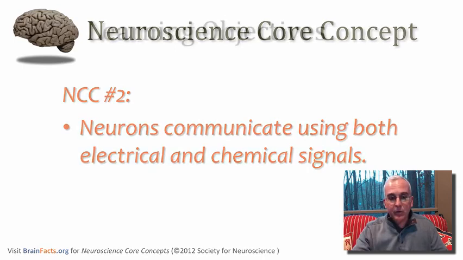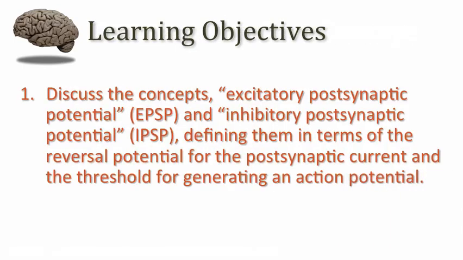Specifically, our learning objective today is to discuss the concepts of excitatory postsynaptic potentials and inhibitory postsynaptic potentials. And what I want you to be able to do is to define these terms in terms of the reversal potential for the postsynaptic current and the threshold for generating an action potential.